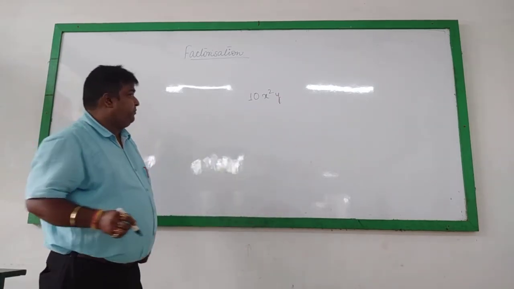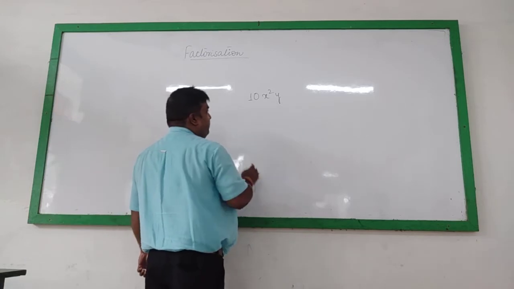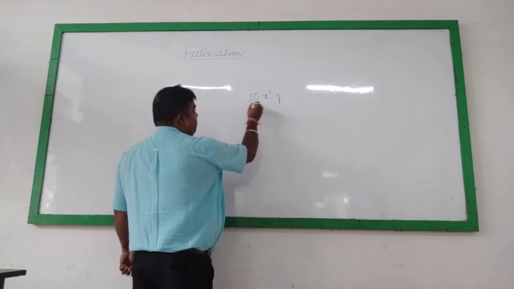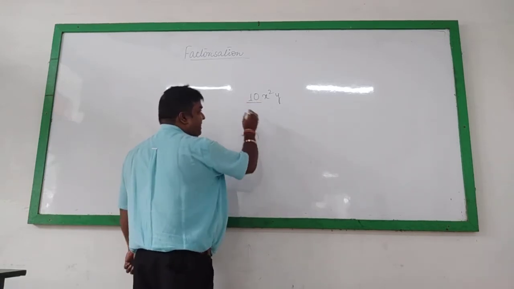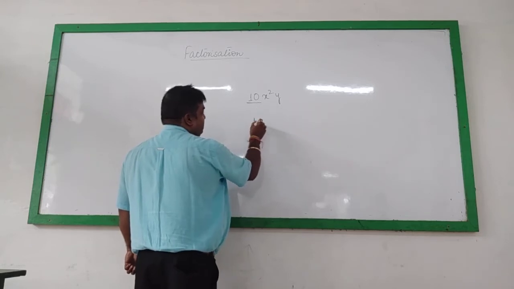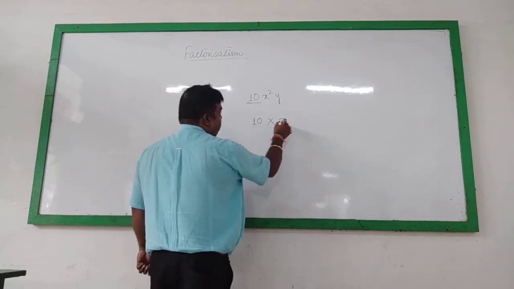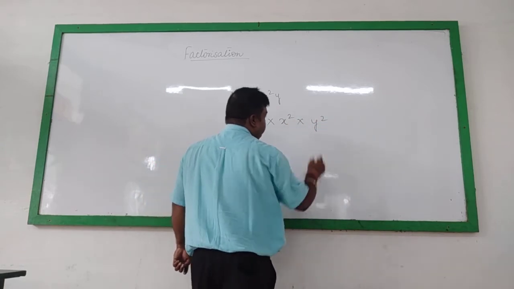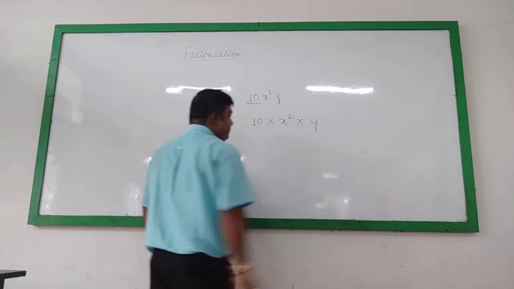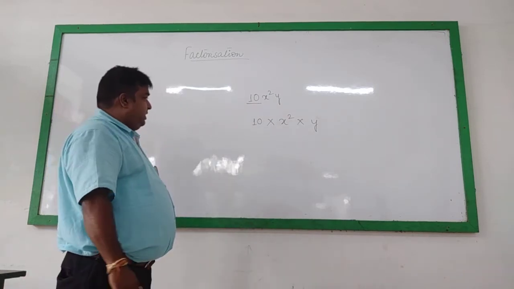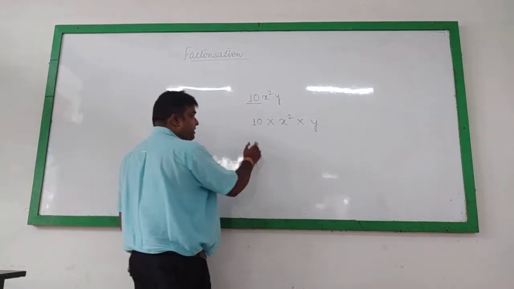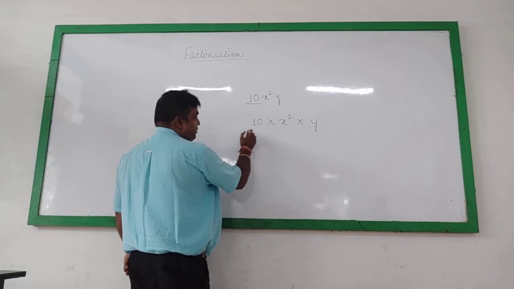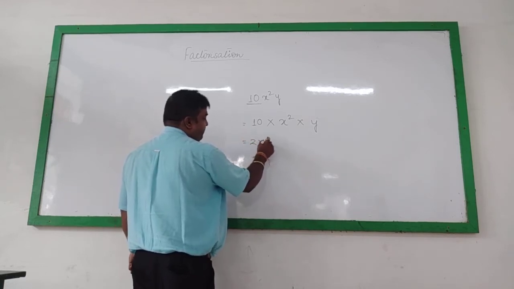Now the prime factorization of this 10x square y, in general, is 10 into x square into y. Now further, 10 can be reduced to 2 into 5.